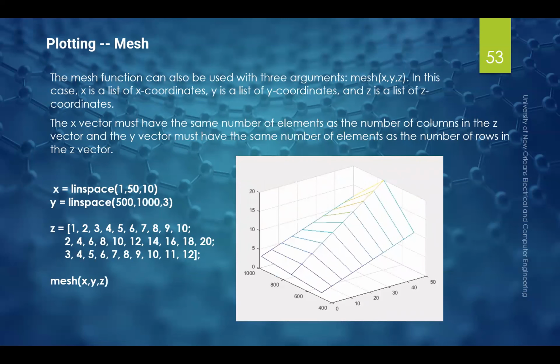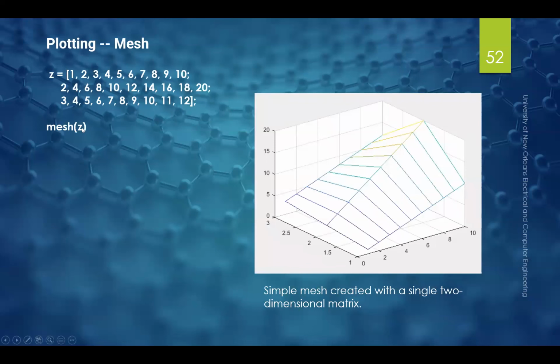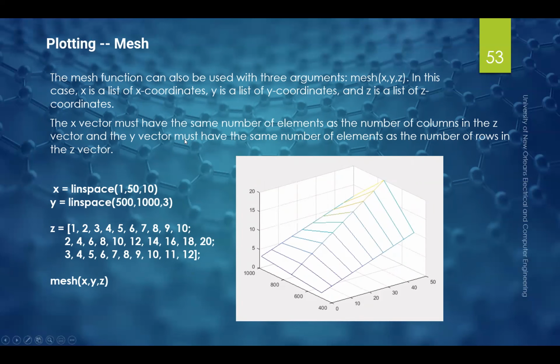The mesh function can also be used with 3 arguments. Remember, in the previous one I used 1 argument. If I use 3 arguments, in this case X is the list of the X coordinates, Y is the list of the Y coordinates, and C obviously is the list of the Z coordinates. The X vector must have the same number of elements as the number of columns in the Z vector.